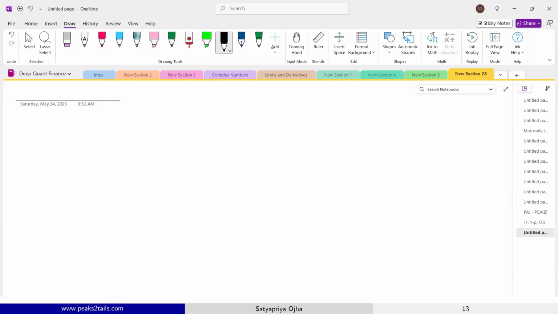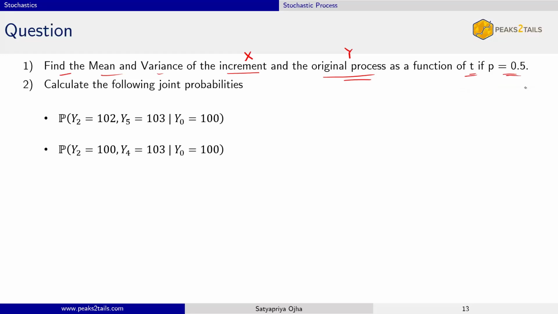Next, we had another question, right? Let's solve this. What is the probability of y2 equal to 102 and y5 equal to 103, given that the initial value is 100? How do we solve this? There is an AND condition. The question is a joint probability, also conditional.